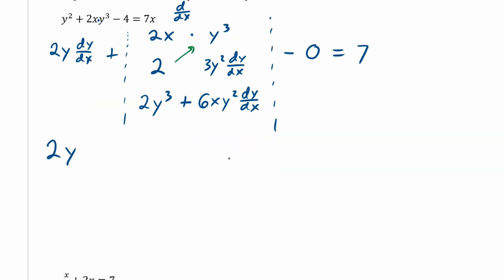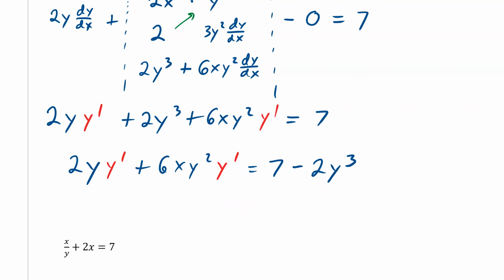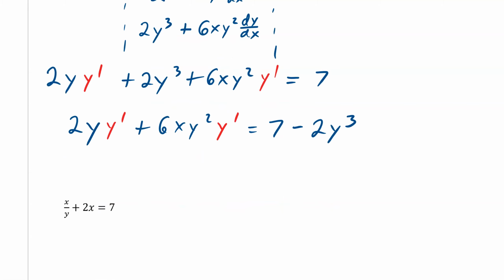So this is 2y y prime, plus 2y cubed, plus 6xy squared y prime, equals 7. And again, the y primes need to be on the same side. So 2y y prime, plus 6xy squared y prime, equals 7 minus 2y cubed. And then we factor out our y prime.